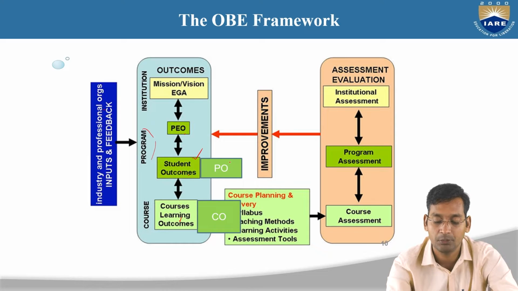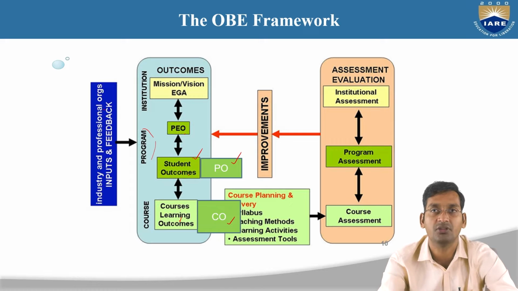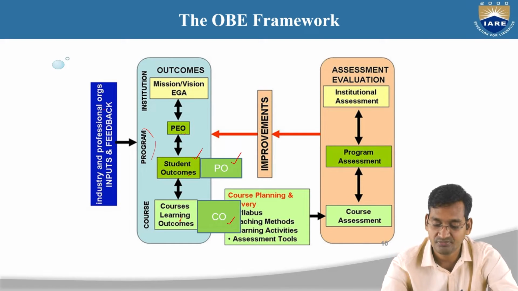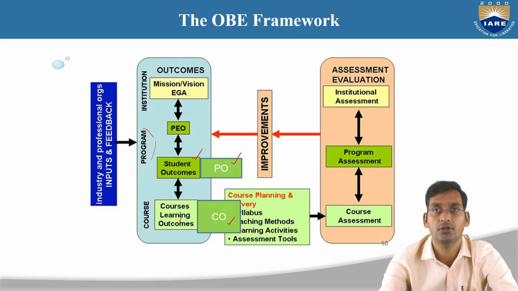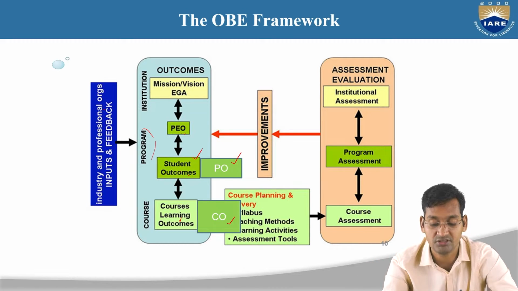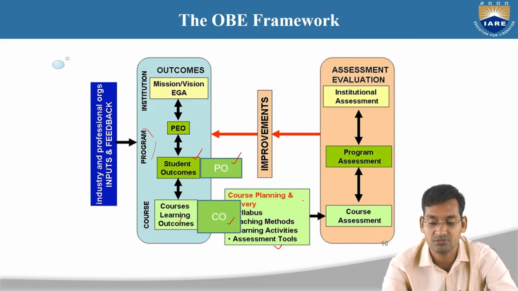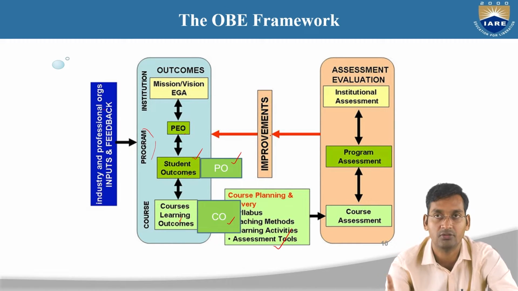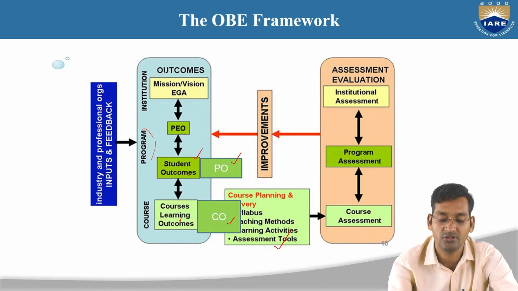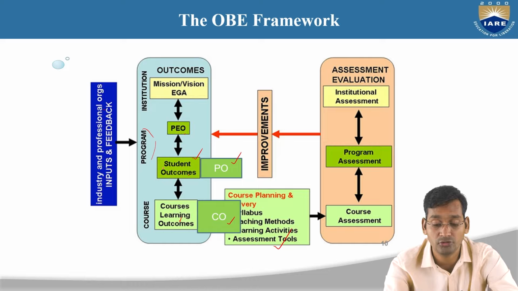So this is PO, the program outcomes. This is what comes under CO, the course outcomes. Course planning: what will be the syllabus, what will be the teaching method, learning activity, and assessment tool. From here, continuous improvement is required. How to improve?